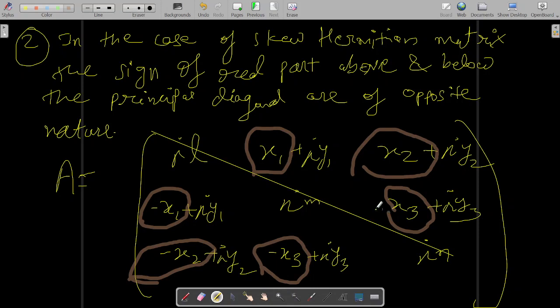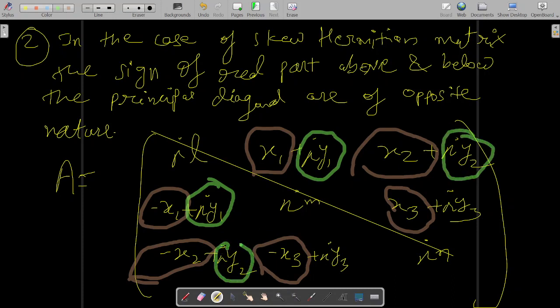Because it is very clear from this fact, because when you take the transpose and take the conjugate, that is the transjugate, this particular part will regain its sign. If it was plus i initially, then it will become plus i again, because after taking transpose you have taken the conjugate.